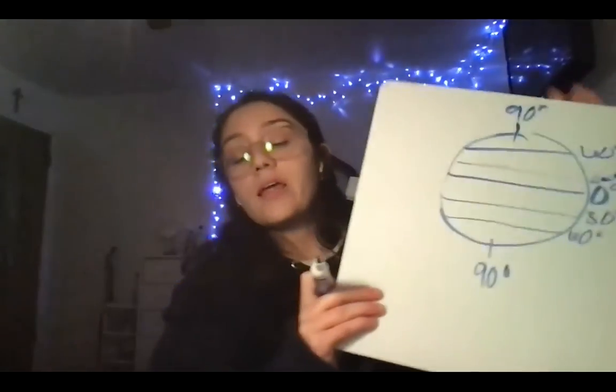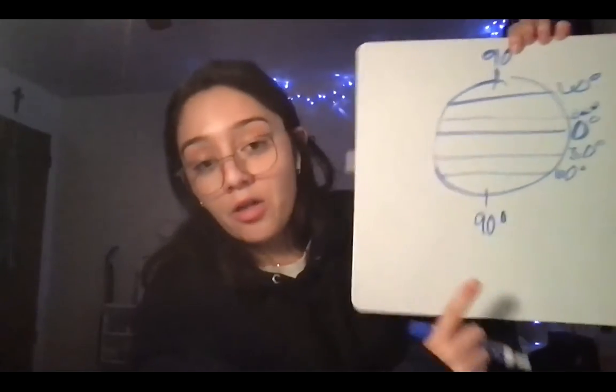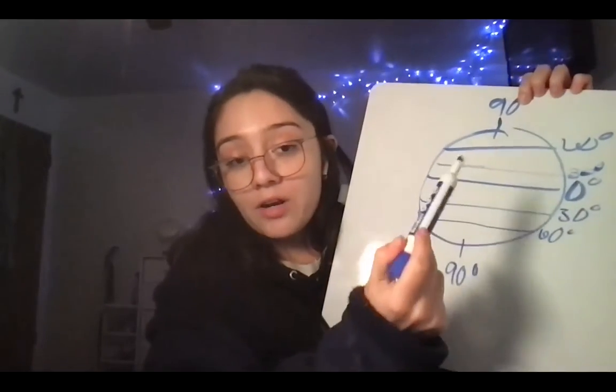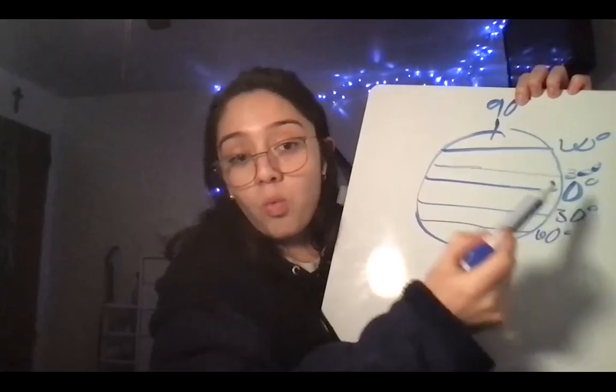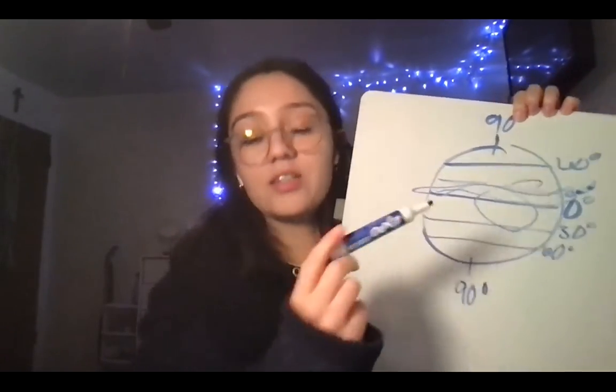And then the poles are at 90 degrees latitude. So if the North Pole is super cold and the South Pole is super cold and the equator is like warm, like luscious land, and then this up here and down here is just freezing, then what does that mean? As latitude increases, temperature decreases. That's the biggest thing to remember.